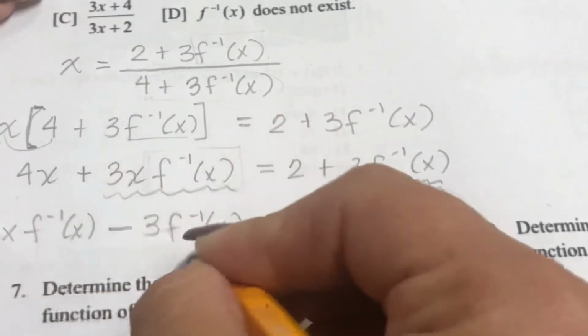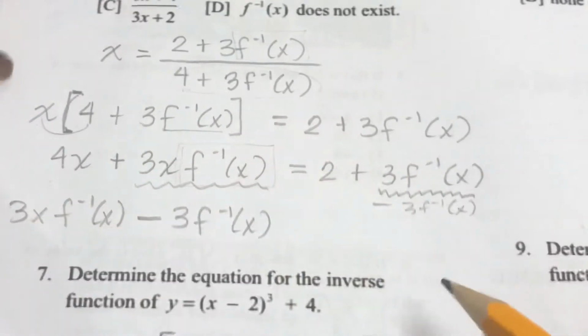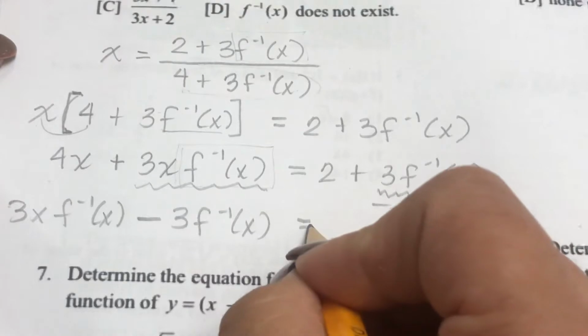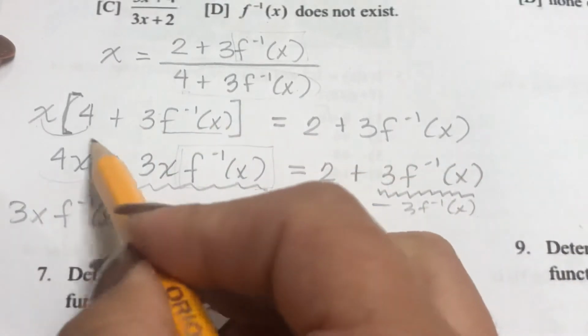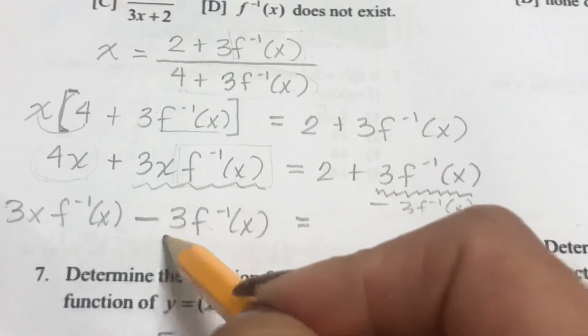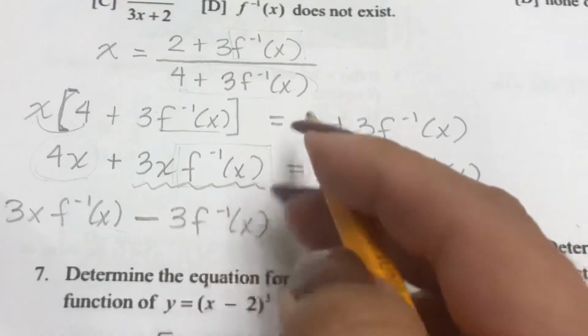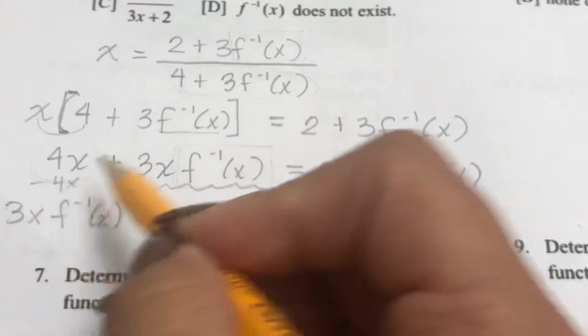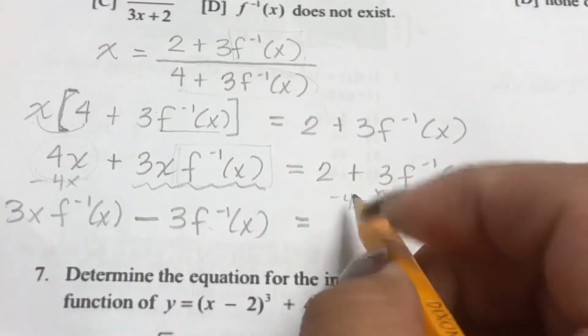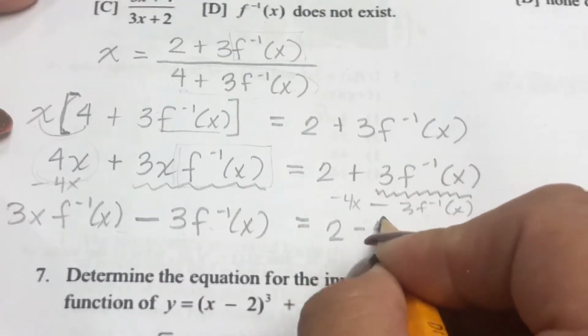Okay, these are different. It won't cancel out because they have a times x right here. And that's going to equal, again, I want to get rid of this term on the left side so that both terms have f inverse of x. So minus 4x here, minus 4x here. That's going to be 2 minus 4x.